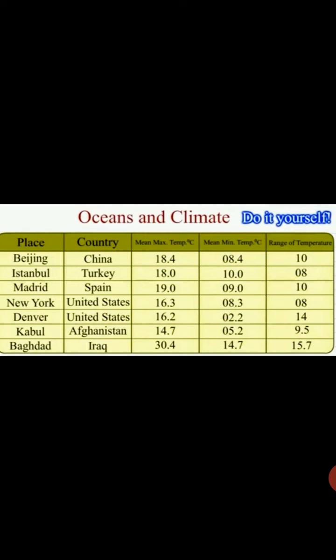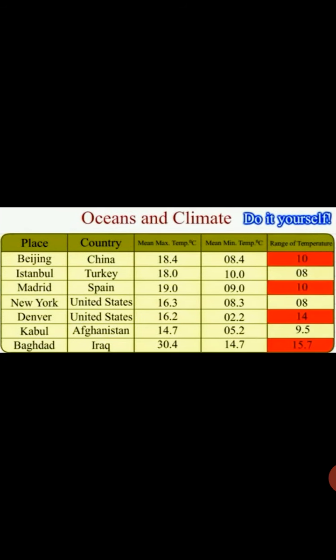Now students, what you have to do, just open the notebook where you drew this table and write down these temperature ranges. Now highlight the rows for the places having a range of temperature over 10 degrees Celsius with red color. Okay, like this. The ranges of temperature above 10 degrees, you have to color red.